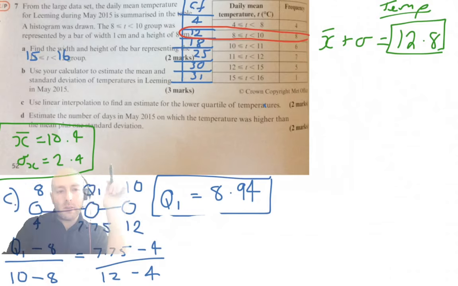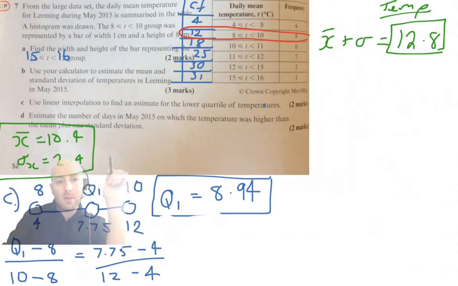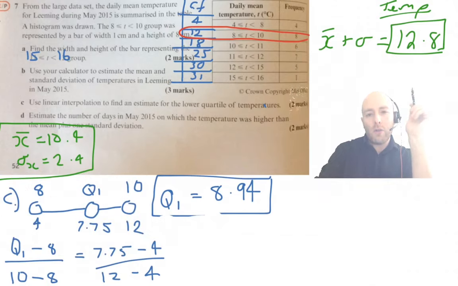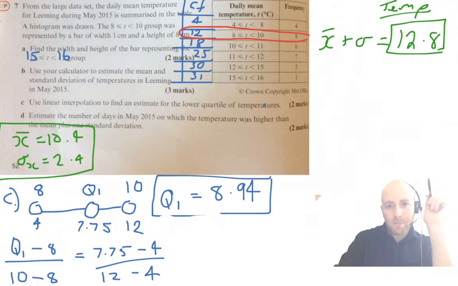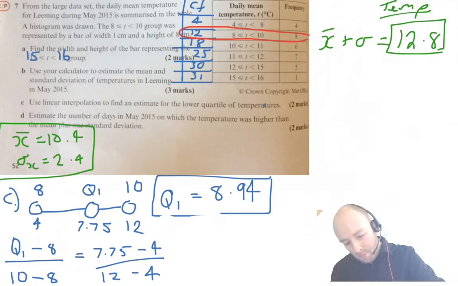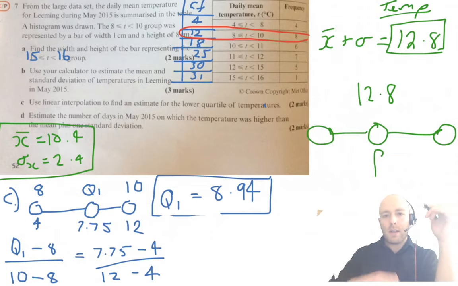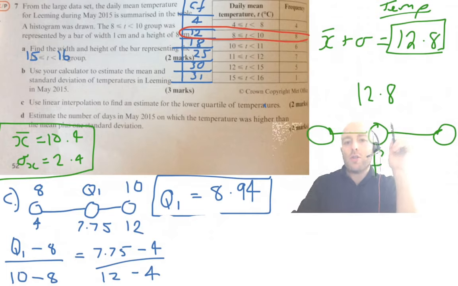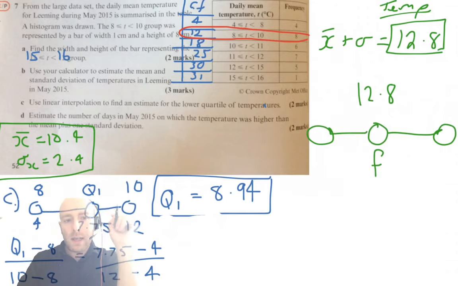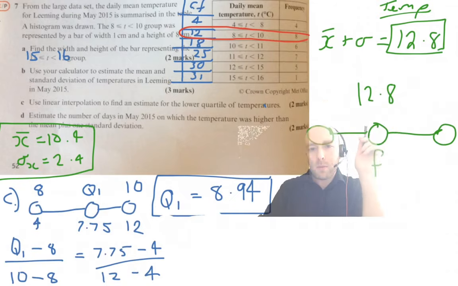So all the stuff on the top in this one was our temperatures. So we're going to put 12.8 on the top as a temperature. And we're trying to find the frequency that corresponds to a value of 12.8. So it's like this, but backwards. We're doing it the other way around.